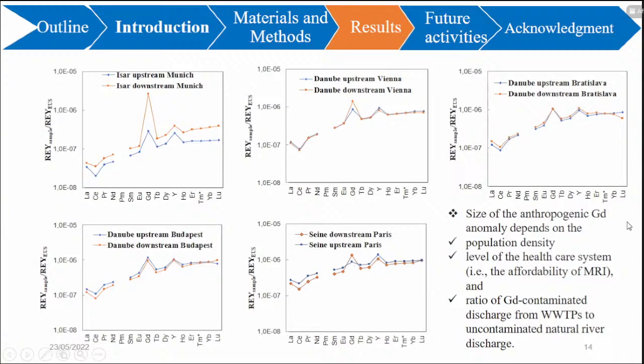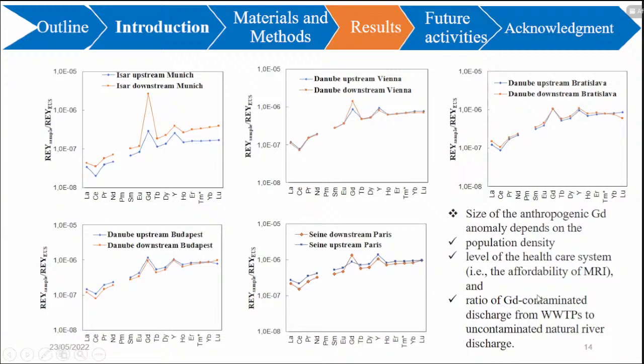So the size of the anthropogenic gadolinium anomaly depends on the population. The higher the population, the higher may be the gadolinium anomaly. Also, the level of the health care system, the affordability of the MRI. That means the higher the affordability of the people for the MRI, the higher will be the contribution of gadolinium to the river.